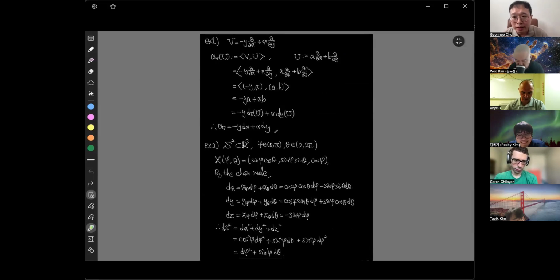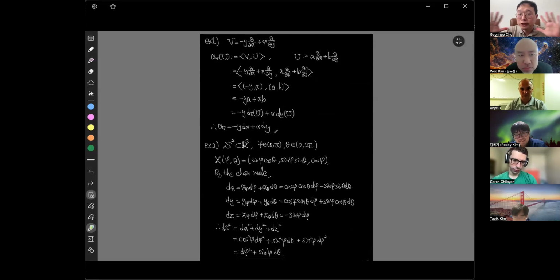I personally think the most important differential form at any level is this example one. This is most important. Because I'm lazy, I usually just call it the winding one form.